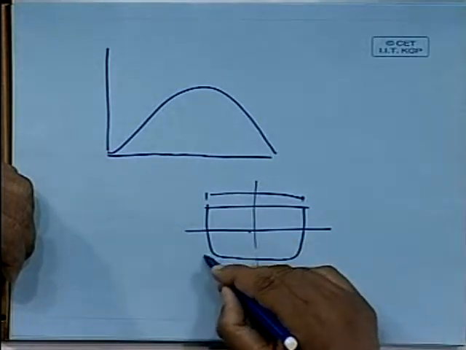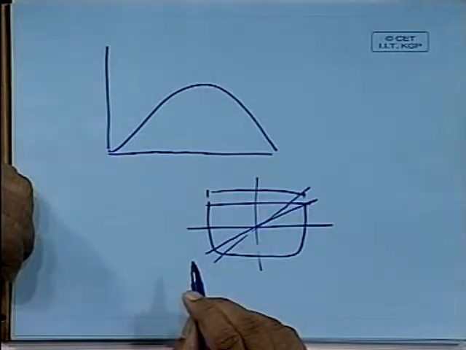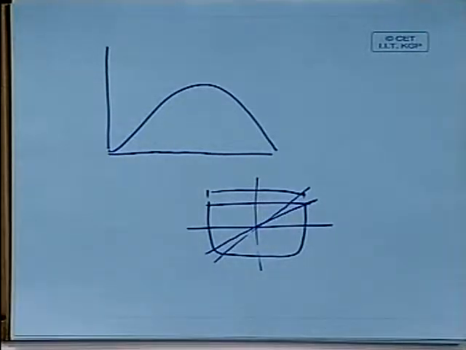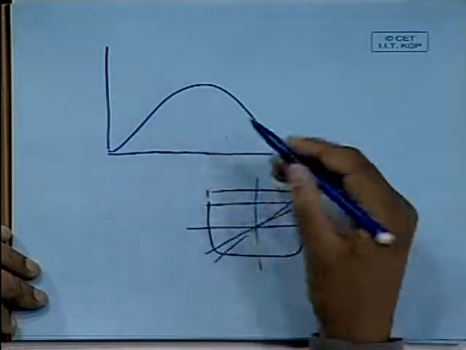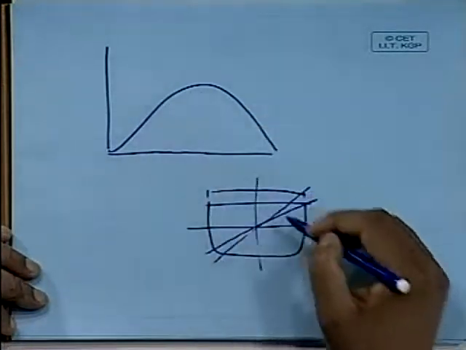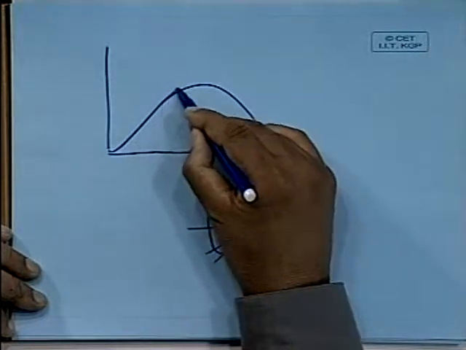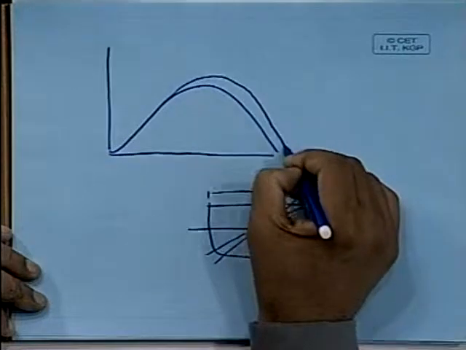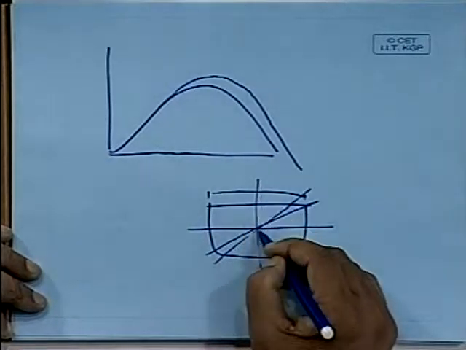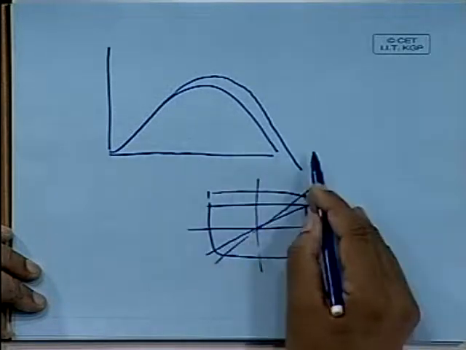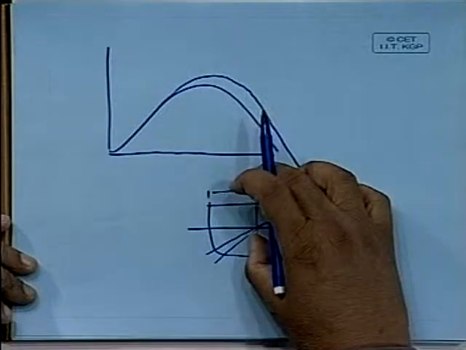Earlier the deck edge immersion was at this angle, but now the deck edge immersion will be at a larger angle. The GZ will initially be here, but it will increase like this normally. So a raise of this will obviously increase the range of stability. That is also obvious because you have more reserve buoyancy now.